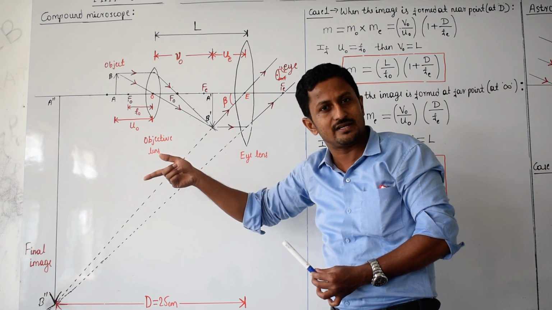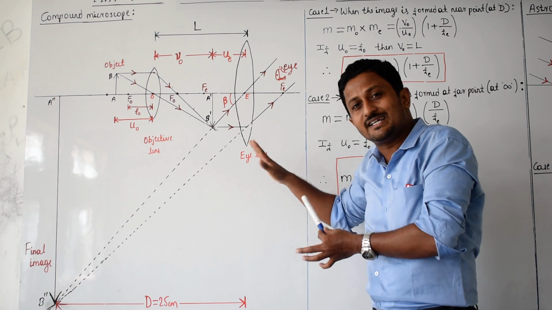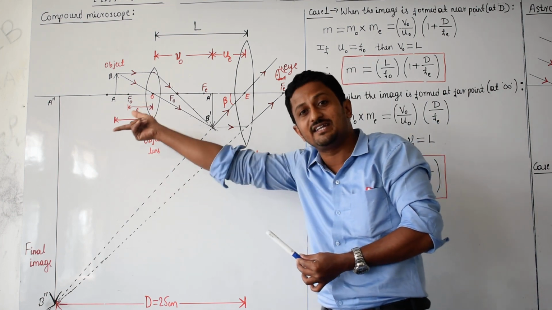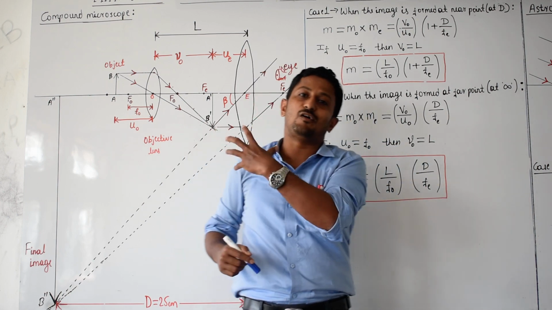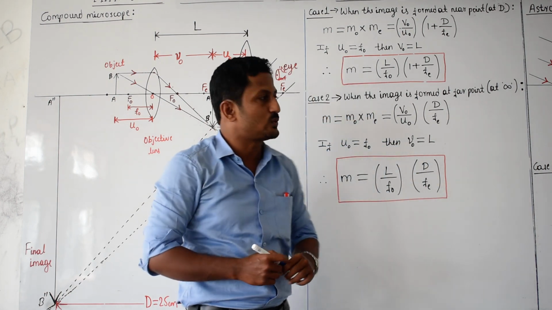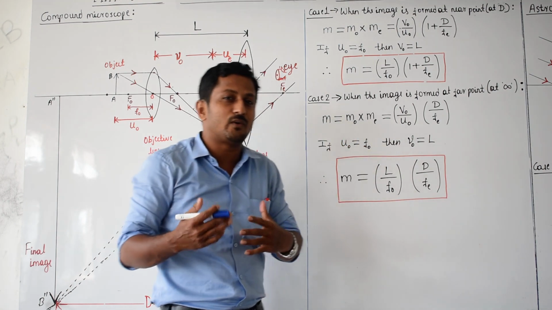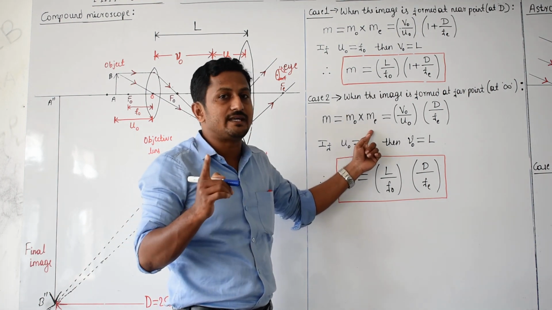Suppose you have done that, and you got the final image at infinity, then what is the magnifying formula of this compound microscope? Again, it is the product of the magnifying power of both lenses, MO into ME.